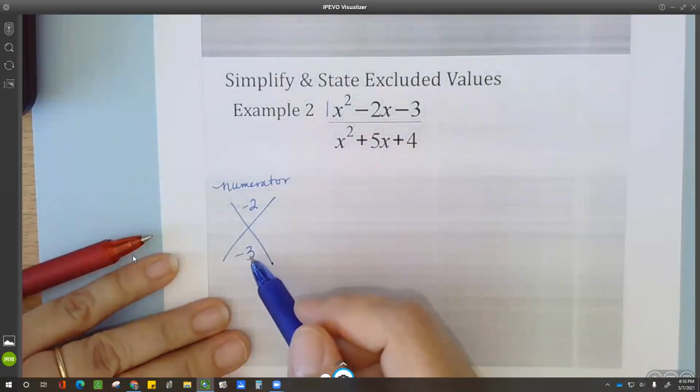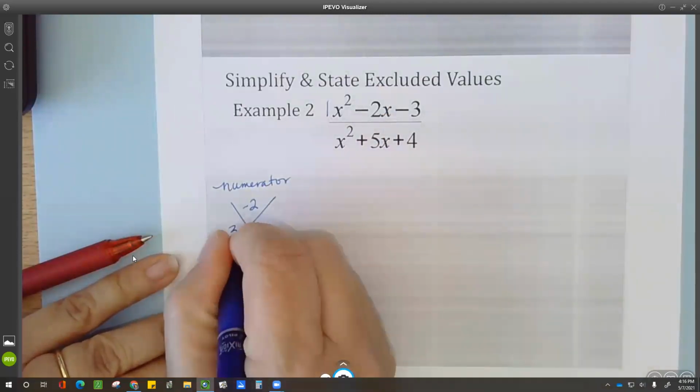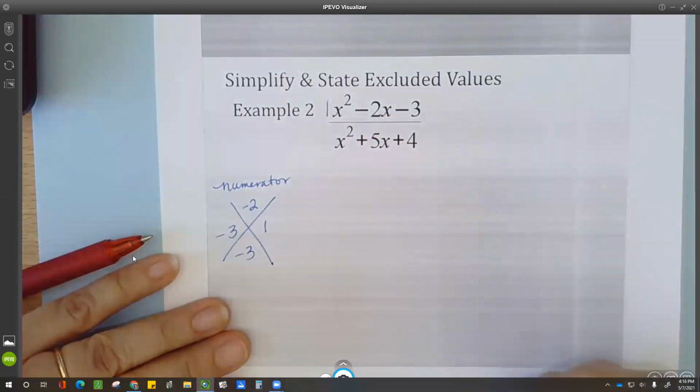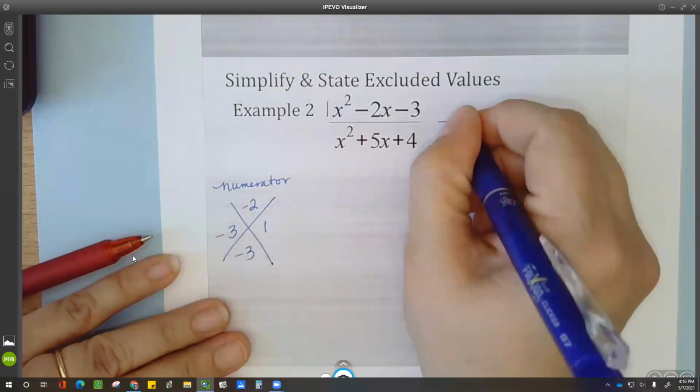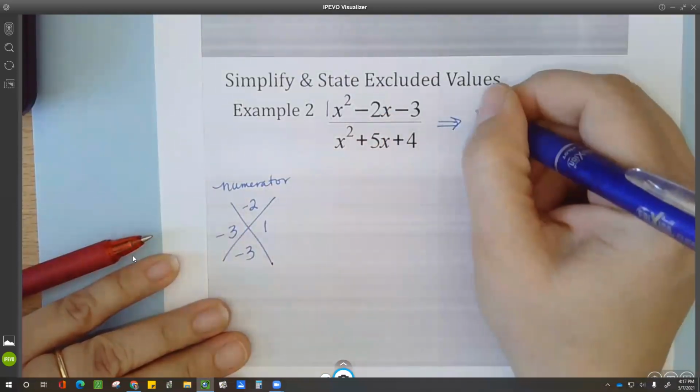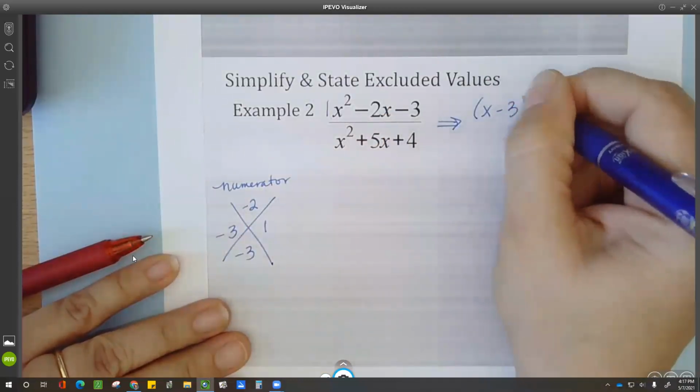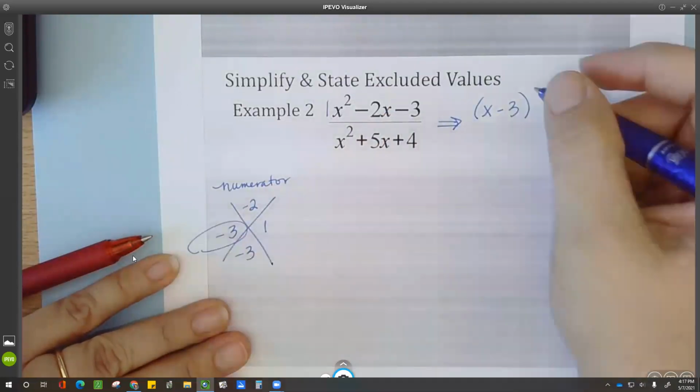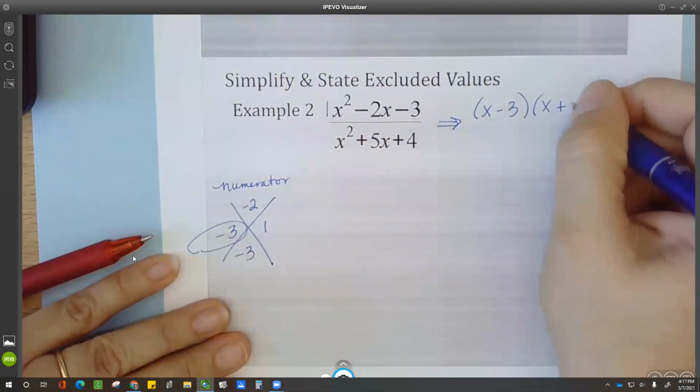This would be -3 times 1. So I can factor my numerator as x minus 3 and x plus 1.